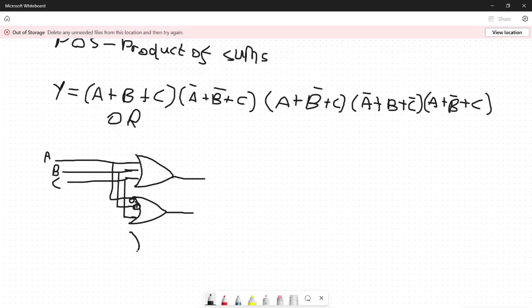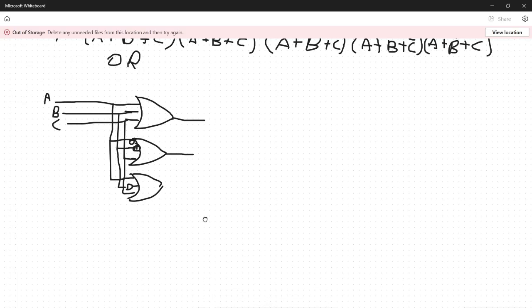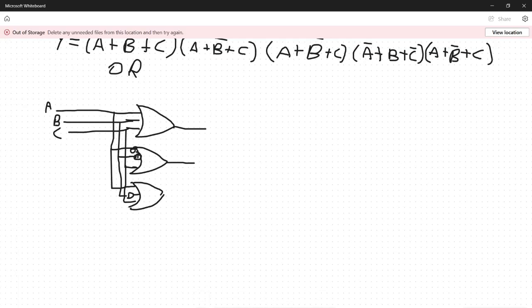And then here's another OR gate. I'm still going to take this A. This A is just going to go in. This B is going to be inverted. And this C is just going to go in. So this is invert, this is invert. And then let's just take these down a bit.